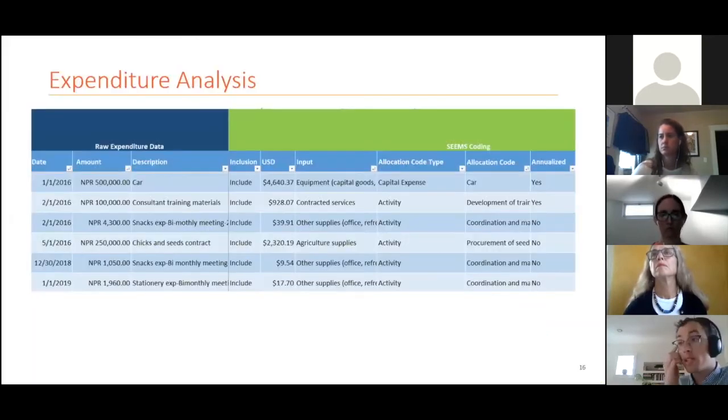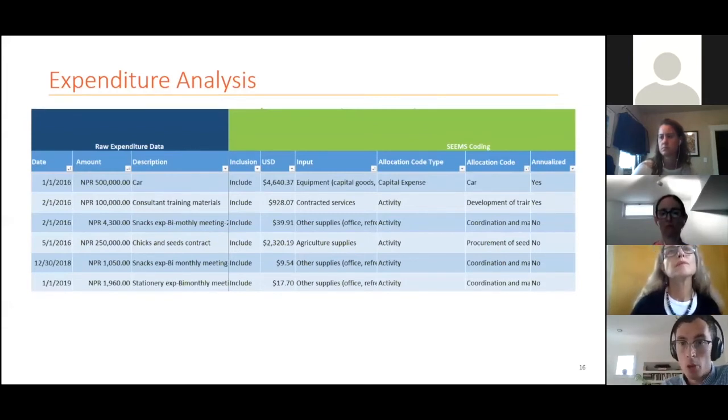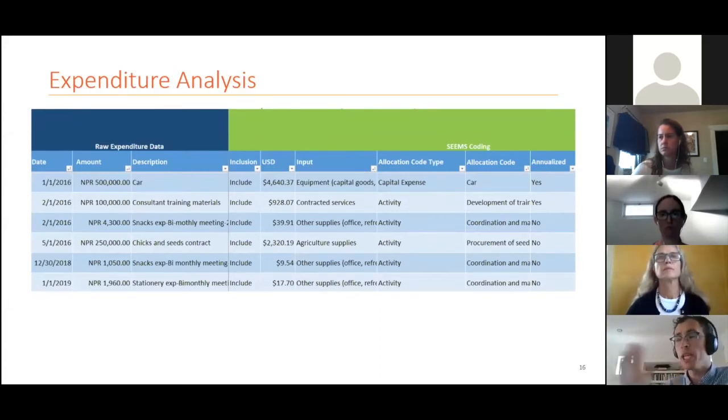So we've developed a relatively simple Excel-based expenditure analysis template, which allows you to insert raw expenditure data, convert it to a standard US dollar or other currency amount, code it by input type and category, and activity category. You can also code by platform, sector, trial arm, or really any other factor that you'd like to stratify your analysis on.